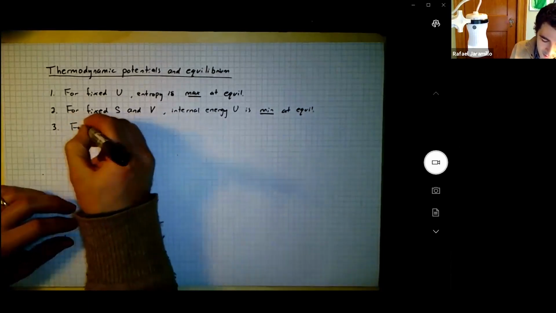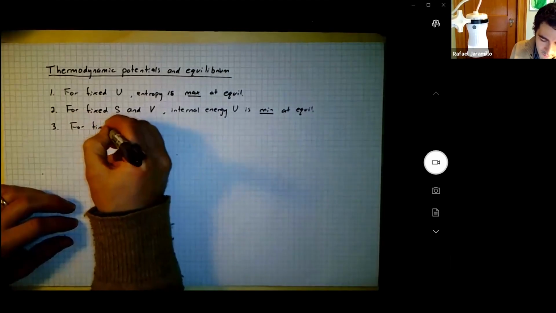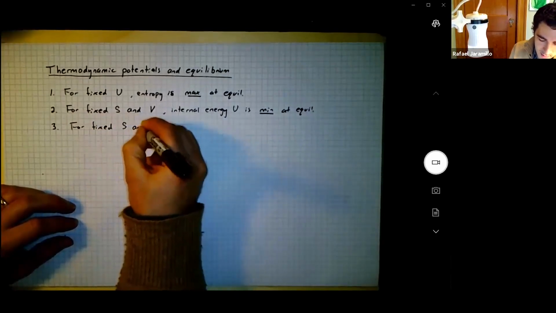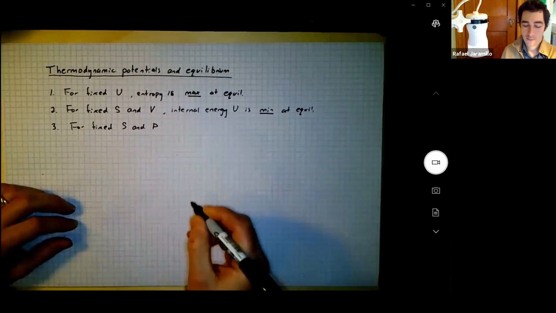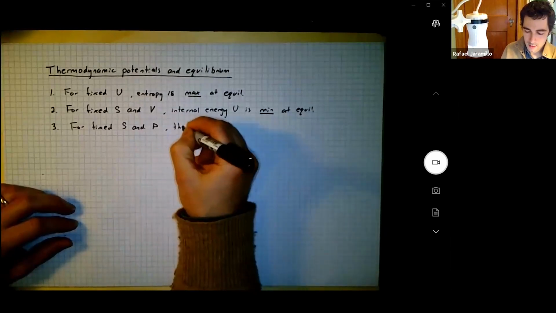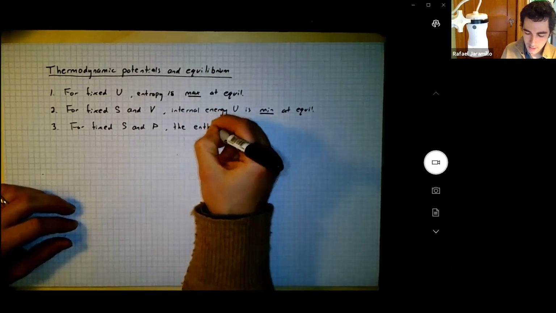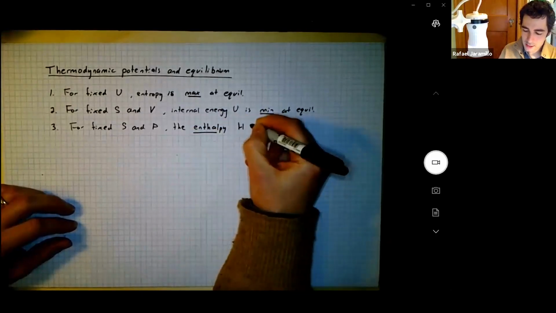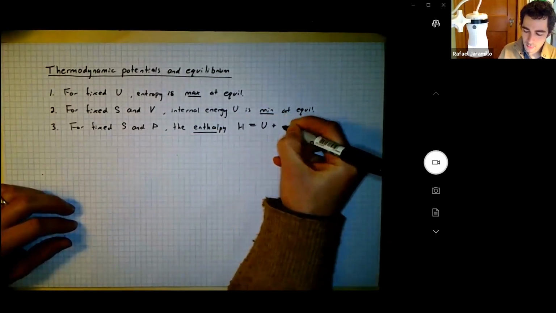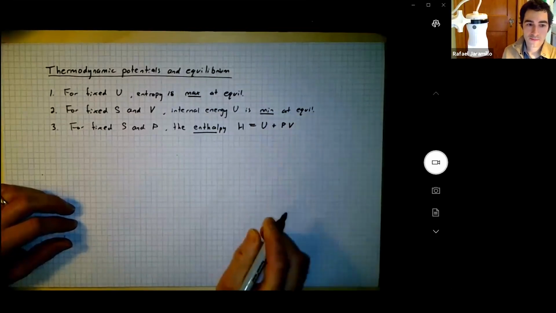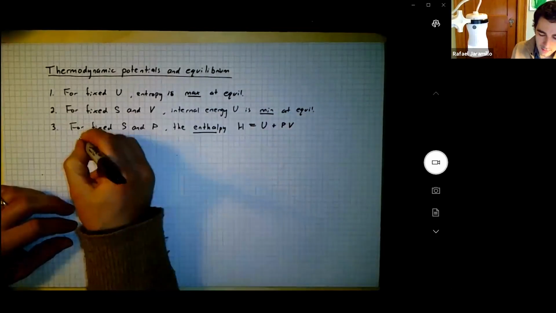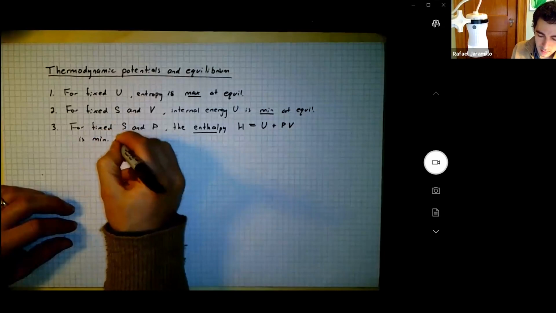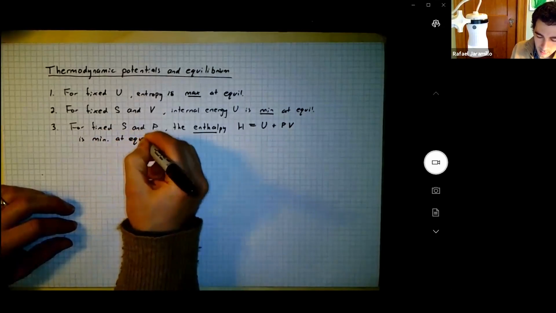Okay, for fixed S and P, new term here, the enthalpy, H equals U plus PV, is minimized at equilibrium.